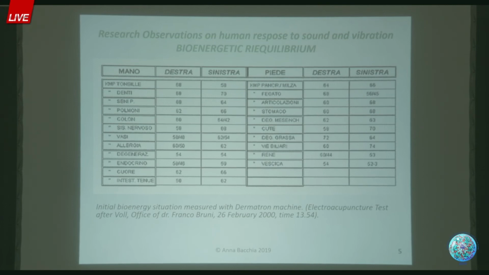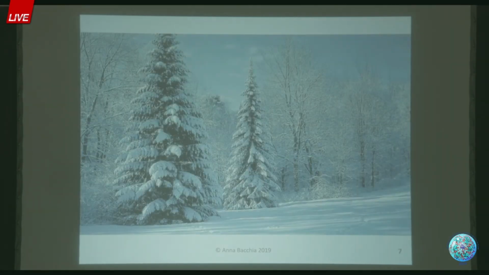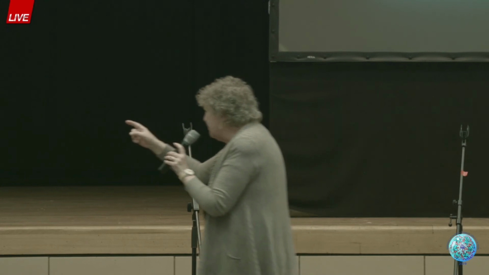But I don't want to stop here, because there is something more interesting that I want to share with you shortly. Imagine people working with voice in intuitive intelligence. Can we go to the previous slide, the one from the choir?